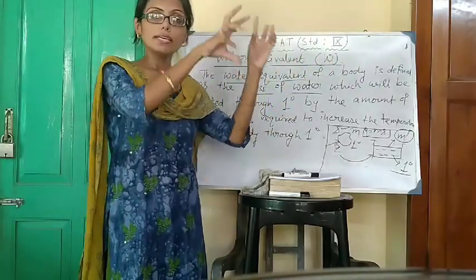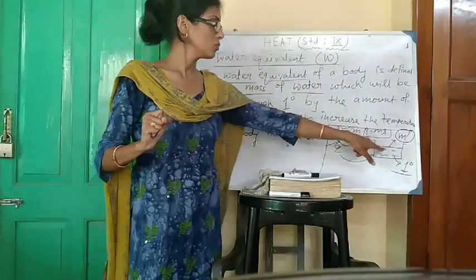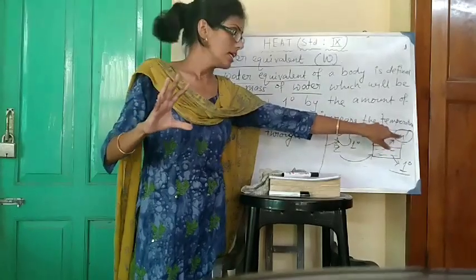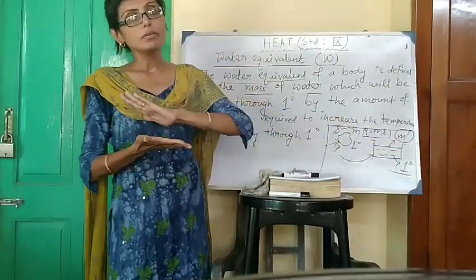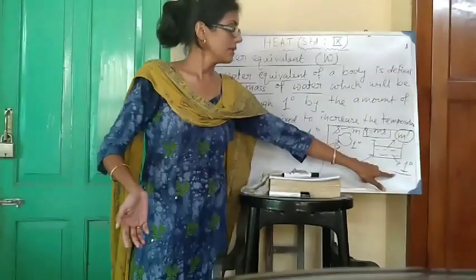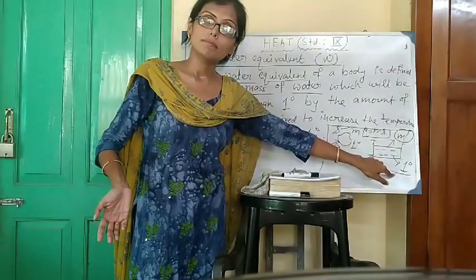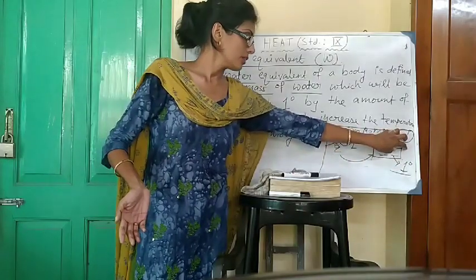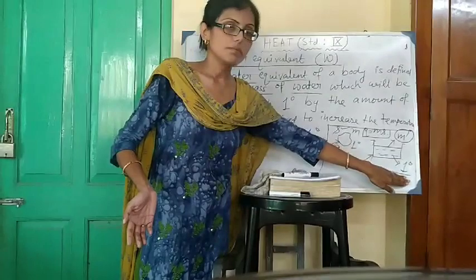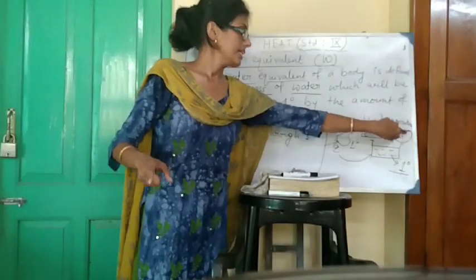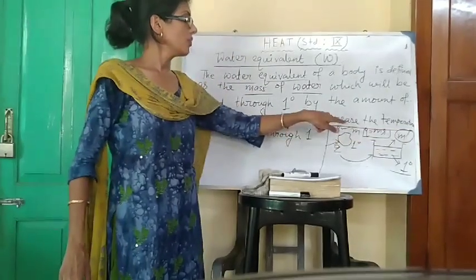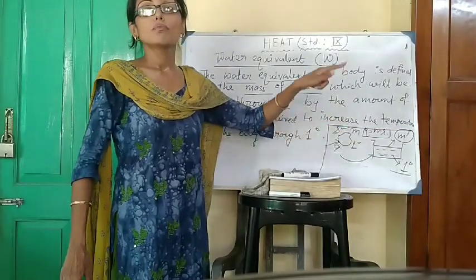Now we supply the same amount of heat Q to some water of arbitrary mass. Understood? Mass of the water is M prime considered, that is arbitrary mass, such that the increase in temperature of water is 1 degree. Okay, if the mass of water is M prime and we are supplying the heat Q and the increase in temperature of water is 1 degree, then that arbitrary mass of water is called the water equivalent of the body of mass M.